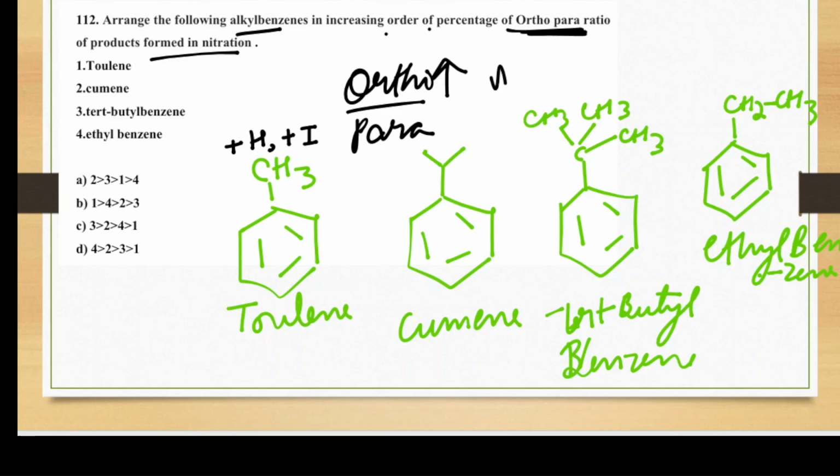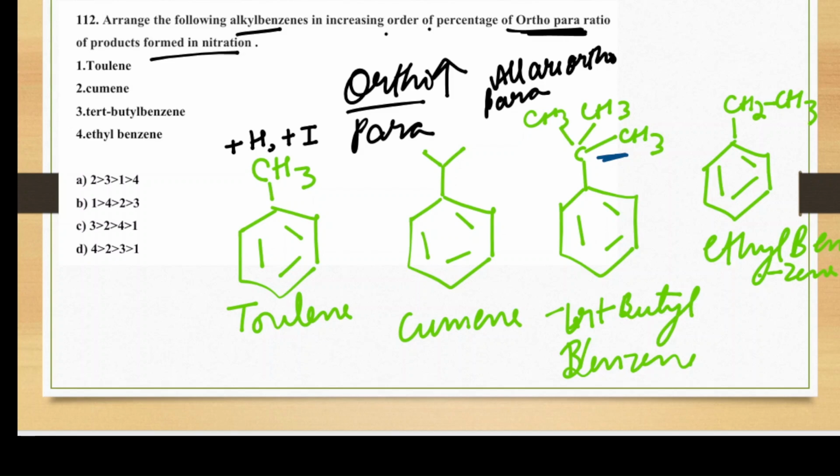So all are ortho and para directing. But how is the ratio going to be defined? As we move from toluene to cumene and then to tertiary butyl benzene, the hindrance of the substituents increases.